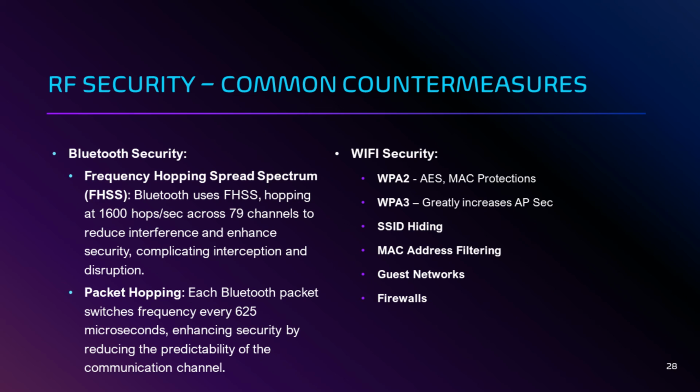For Bluetooth security, we have frequency hopping spread spectrum. So this is really, really cool. It's where we hop between 79 channels to reduce interference. That's not the main purpose. It's mainly for enhancing security here, so that one channel can't just be spied on. And it has 1,600 hops per second, which just sounds cool to me.